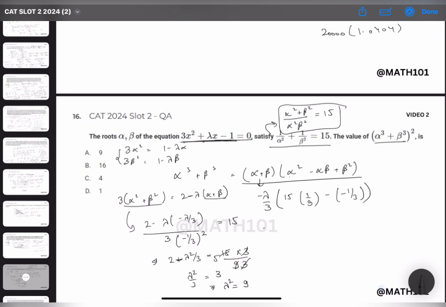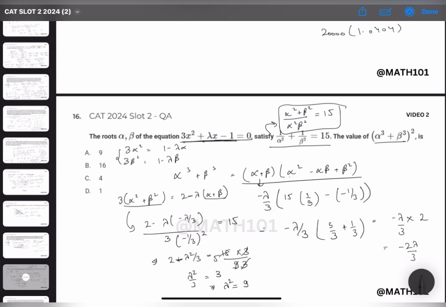This is equal to minus lambda by 3 into 15 by 9 is 5 by 3 plus 1 by 3, which is equal to minus lambda by 3 into 2. It's equal to minus 2 lambda by 3.